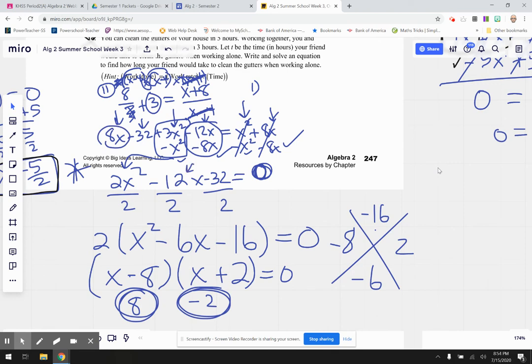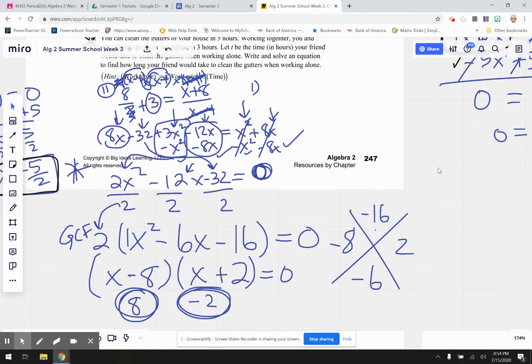And then your negative 32 comes down over here. Now I noticed that all of those could be divided by 2. They're all even, so they have a GCF. So I'm going to take out the GCF, and I'm going to divide them all by 2, and I'm going to get 1x squared minus 6x minus 16.